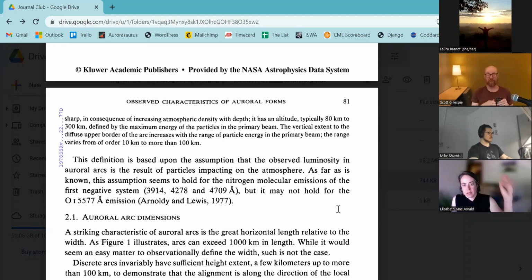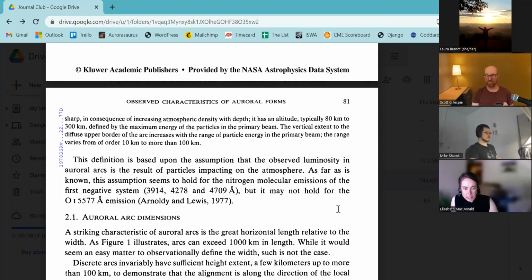So some of the specific altitude of nitrogen, I think probably being the higher altitude, the more blue and red lines, that's proportional, that can be used as a proxy for the energy.